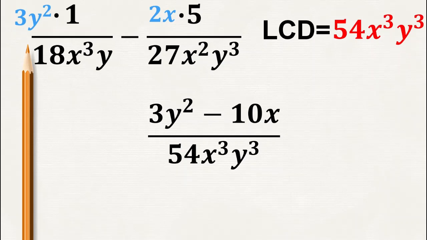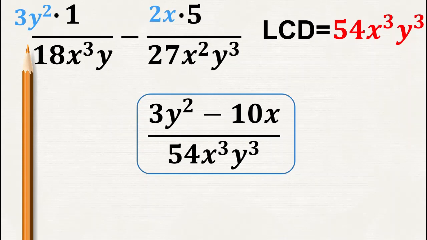Do not forget to check if our answer has a common monomial factor. If there is none, therefore, it is already our final answer. The difference between 1 over 18x cubed y and 5 over 27x squared y cubed is 3y squared minus 10x all over 54x cubed y cubed.